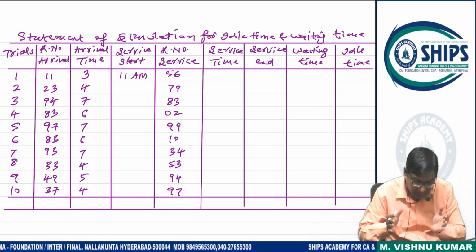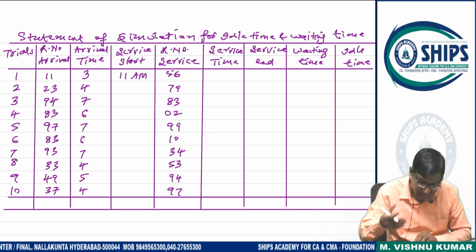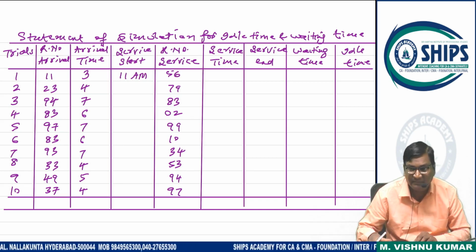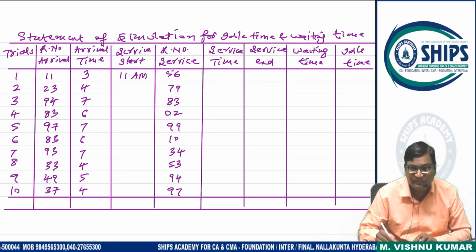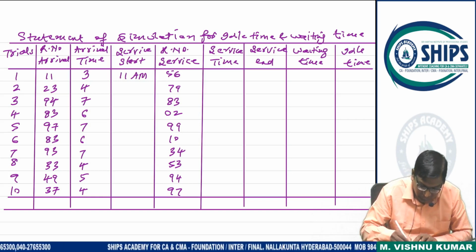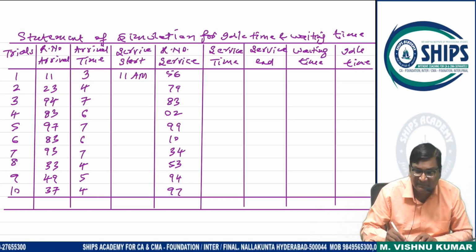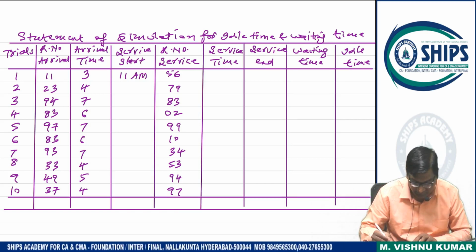But here the time is 3 minutes. So actual service started from 11:03. This is the arrival time of the bank official. So arrival time of bank official is 11, but service started from 11:03.